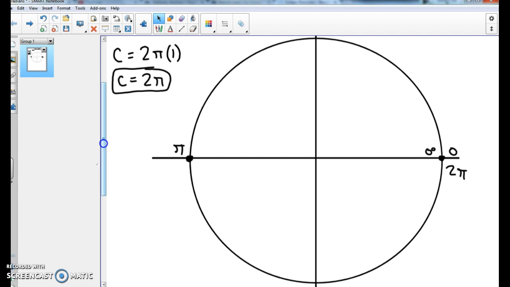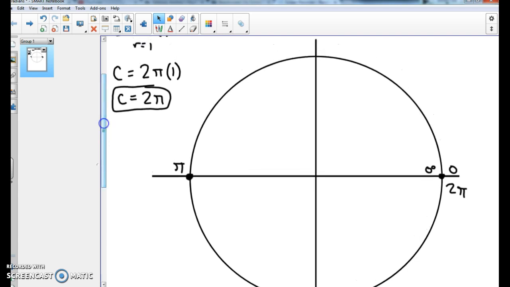And we can fill in these different radian measures around the circle as we go. So we're going to keep doing some of the easier ones. Going from 0 to pi, the halfway point is up at the top. What is the halfway point between 0 and pi? Well, that would be 1/2 pi. And 1/2 pi we generally write as pi over 2, just as a simplified fraction there.